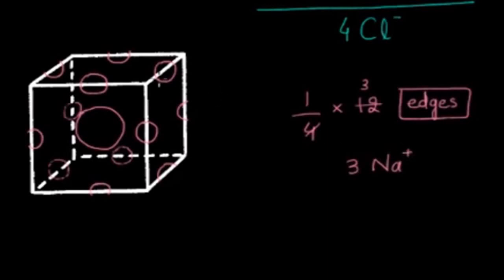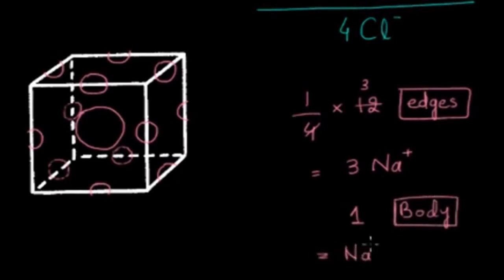So the total number of sodium ions present at all these 12 edges in a single unit cell is 3 sodium ions. And we have one more sodium ion which is present at the center of this cube. It means the body of this cube contains 1 sodium ion.